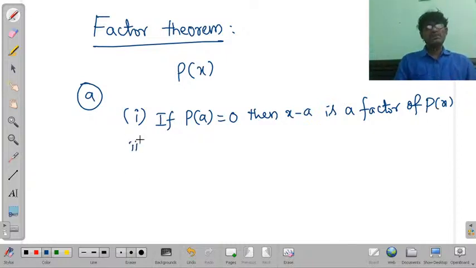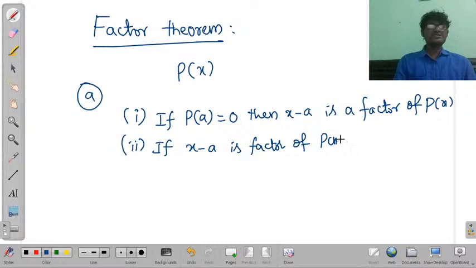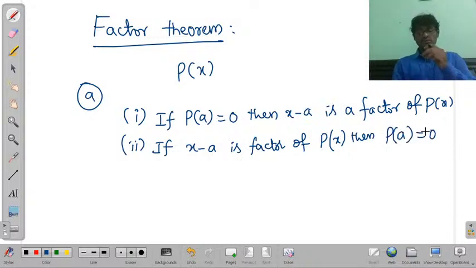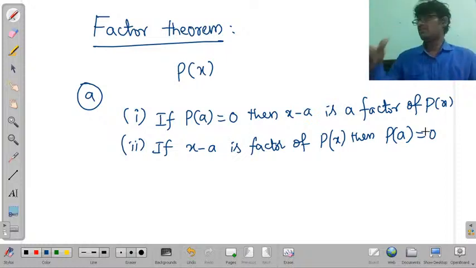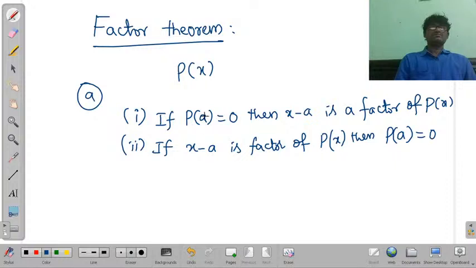Next, the second part is the converse of this. If x minus a is a factor of p of x, then we can say that p of a equal to 0. So this is what we say factor theorem.